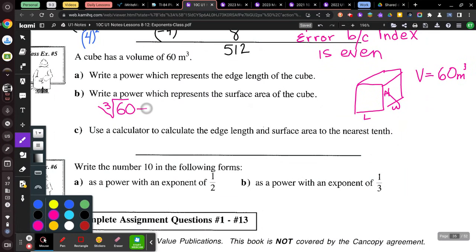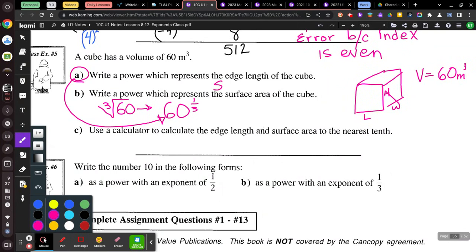So what does that look like? Well, that looks like 60 to the 1/3. So we wanted to write it as a power. So A, we've written it as a power. So what would a power be for the surface area? Well, how many sides does a cube have? 6 sides.